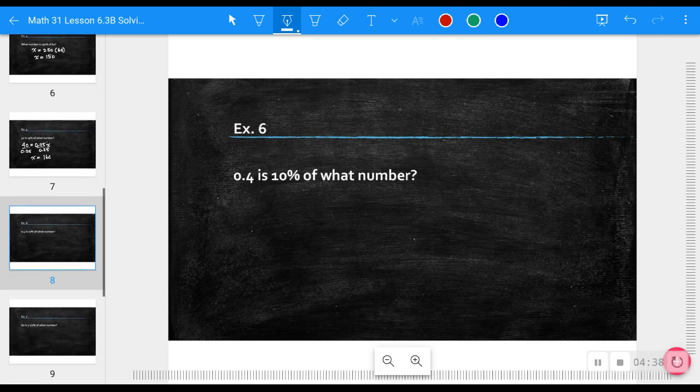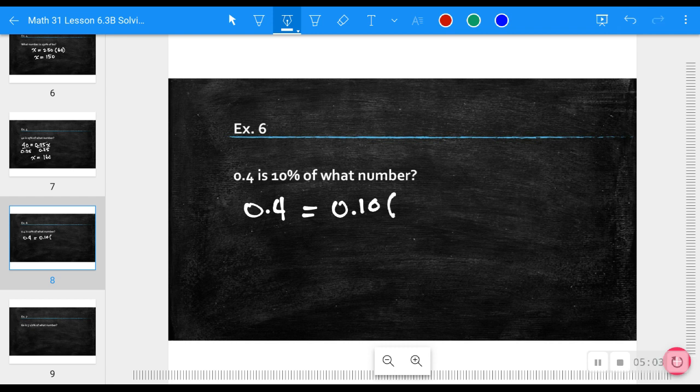Okay, example 6, 0.4 is 10%. Again, slide your decimal to the left when you drop the percent sign. Of means times. Now if I put a dot here, you can see why that'd be a little confusing. There'd be a decimal point and a multiplication dot next to each other.